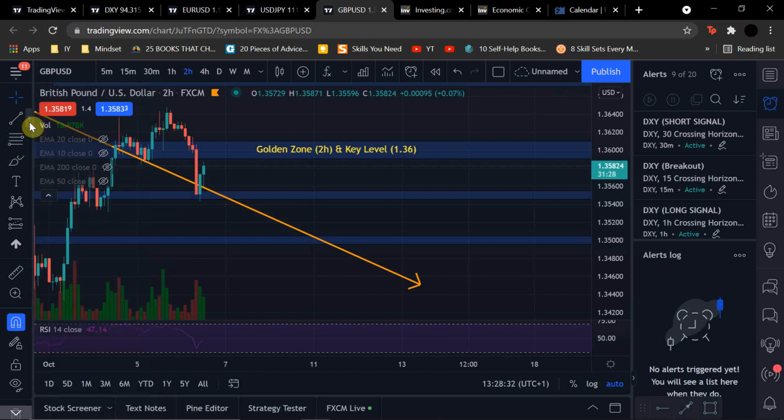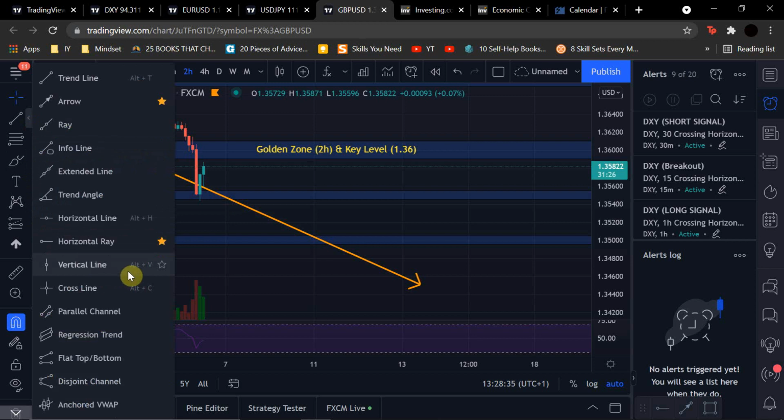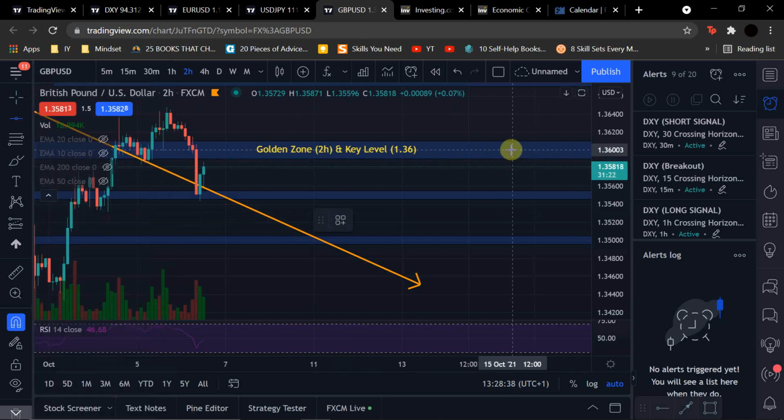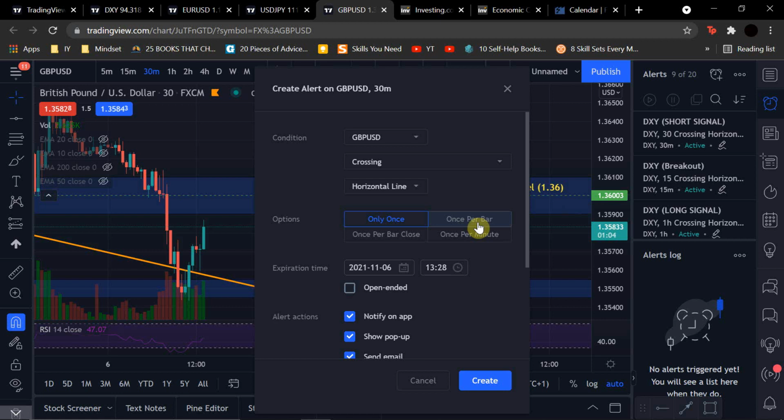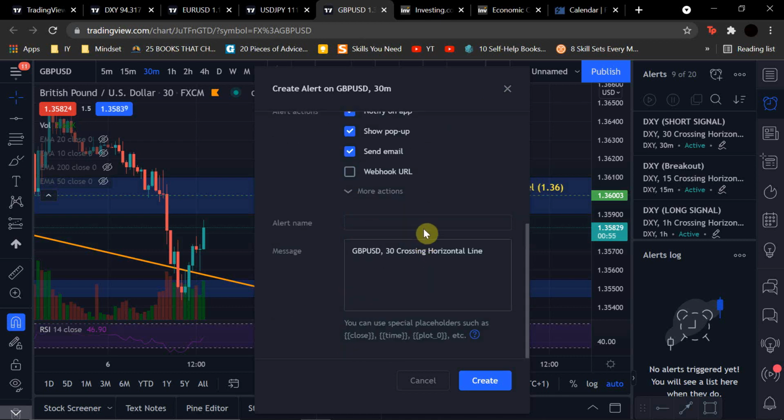Let me do a horizontal line. Do like a break above this on the 30. Oh my god, I'm watching too many stocks.